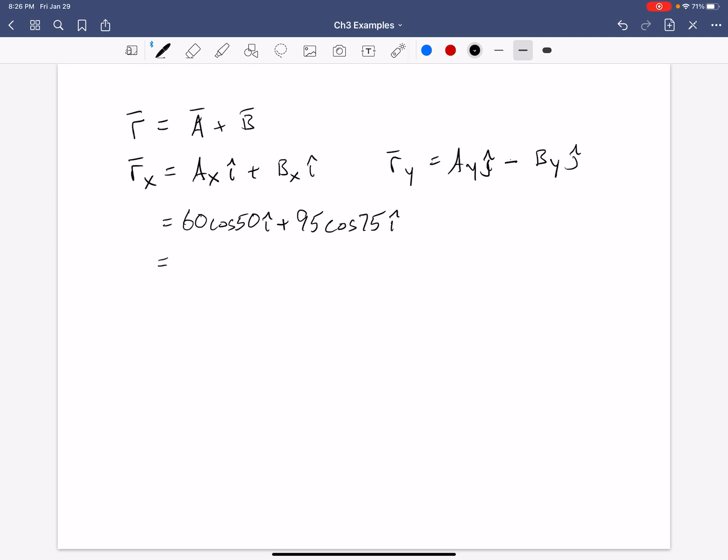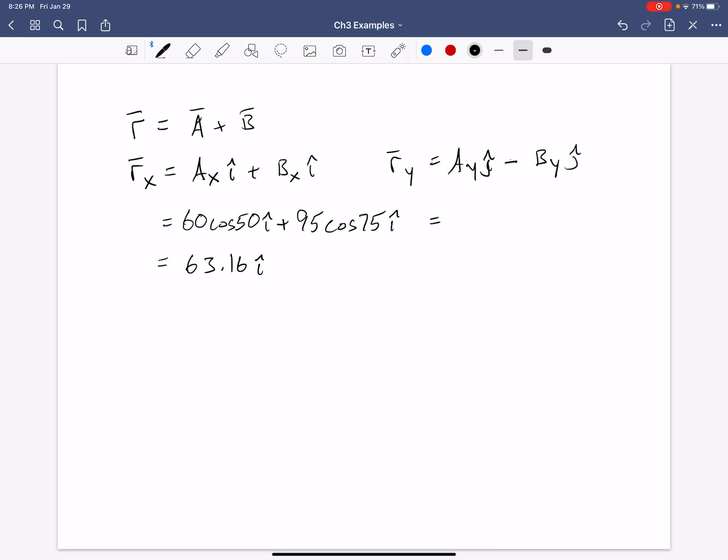All right, if we do the math here, our total x should be 63.16. Again, assuming your calculator is in degrees, right?